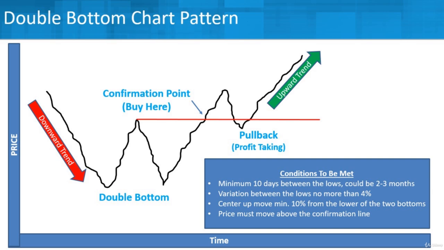That's the important part of a double bottom chart pattern. It's got to break significantly through that confirmation point to show a true reversal, even though there might be a pullback later. So when you're looking to trade on a double bottom, you need to make sure that these conditions are met along the way. But it can be a very powerful pattern to trade on.